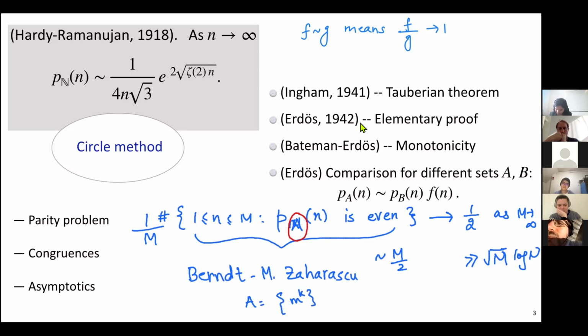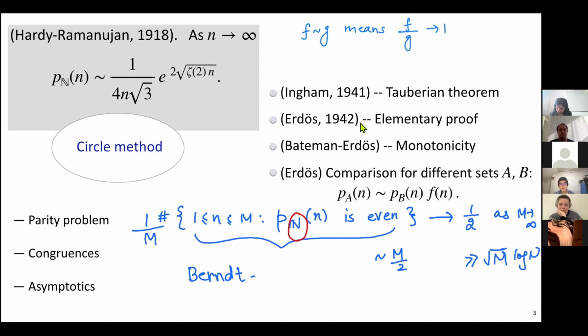Our result only says that there are infinitely many n's for which this is even and infinitely many n's for which it's odd. So we do not even have any lower bound. Coming up with any lower bound is, of course, not trivial. And it would be very interesting if one could get something like this for other sets A.